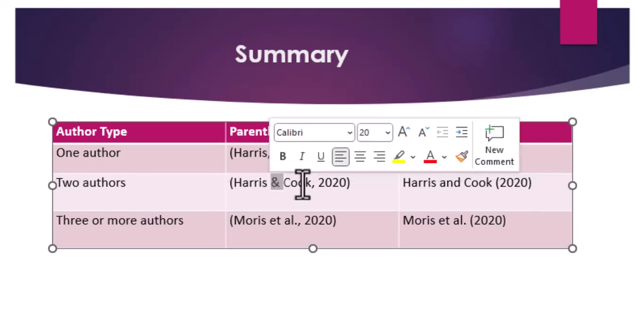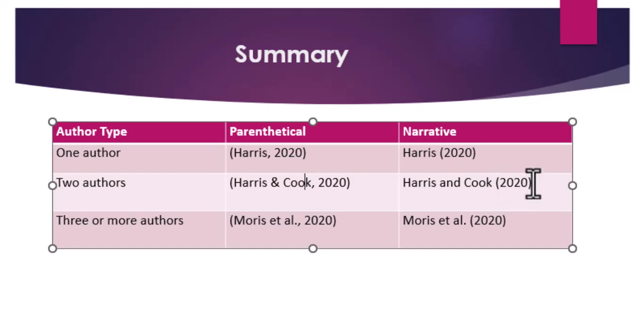But in the case of a narrative citation, we use the word "and". But when we come to three or more authors, in APA 7 we no longer use "and". We now use "et al." For a parenthetical citation, we put everything in parentheses and then we use "et al."